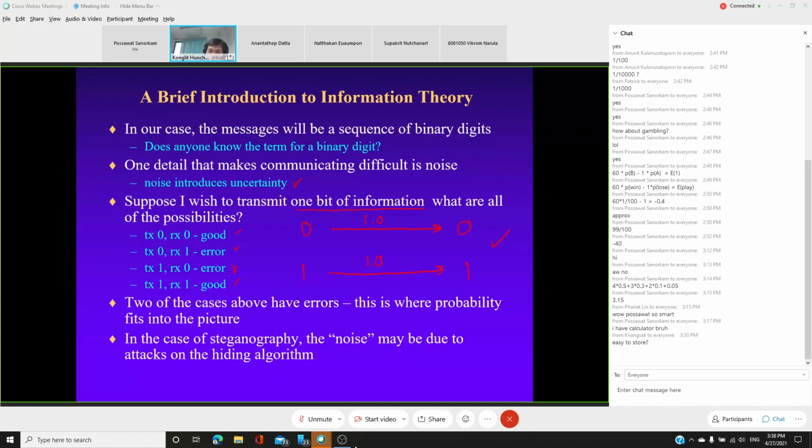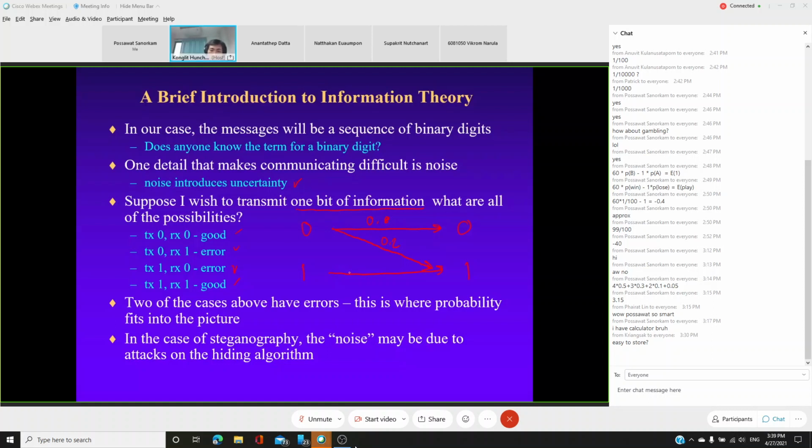But in practice, you don't have a perfect channel. You have noise, and the probability of getting it correct could be maybe 80%. And then you have a probability that you could get an error when you send 0, 20%, something like that. So the chance of sending 0 and getting 0 is 80%, and the chance of sending 0 and getting 1 is 20%.